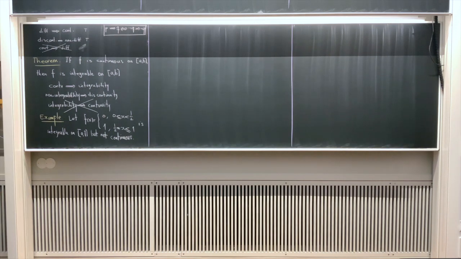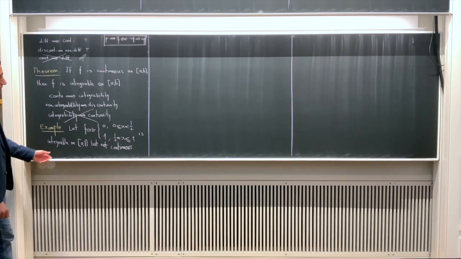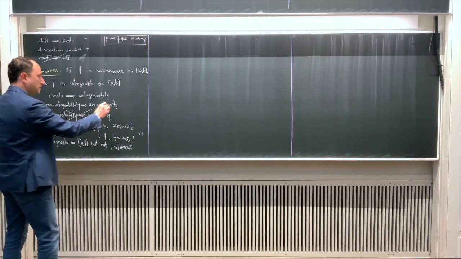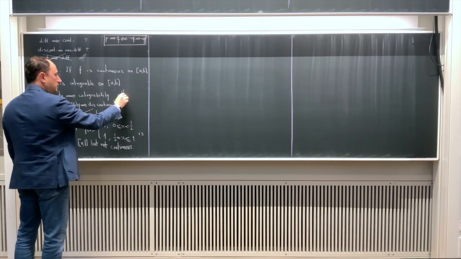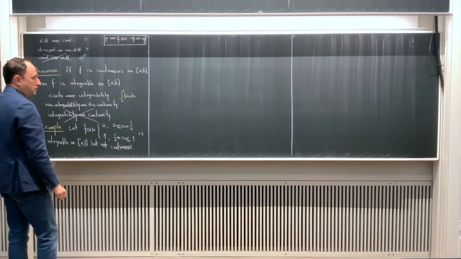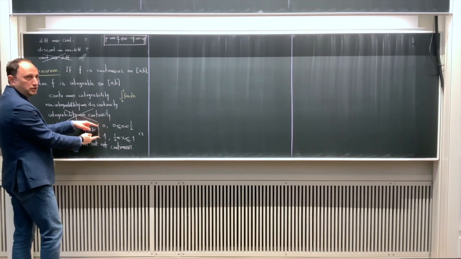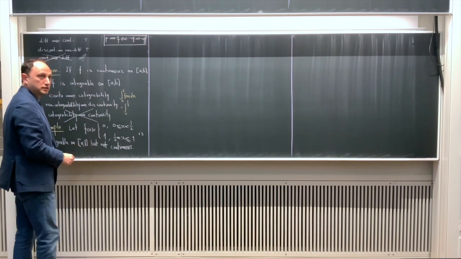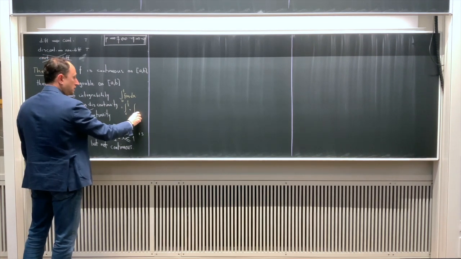Using the definition, of course, here you can also use Newton's theorem, but piecewise. If you want to calculate the integral from 0 to 1 of f of x dx, you cannot use Newton's theorem directly because the function is discontinuous, but you can break this integral from 0 to 1/2 plus 1/2 to 1.